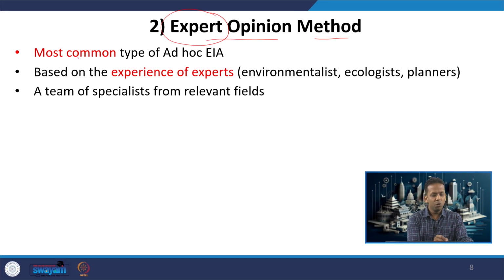This is the most common type of ad hoc EIA which is used, and it is based on the experience of experts, mainly environmentalists, ecologists or planners, and a team of specialists from different fields related to an activity or a project. They gather together, spend some time together, list down all the questions, take a survey, form an opinion, and then prepare a document which can be submitted as an EIA report.